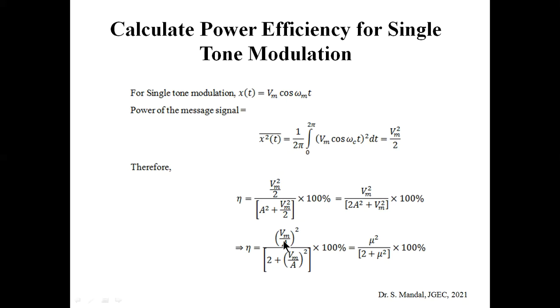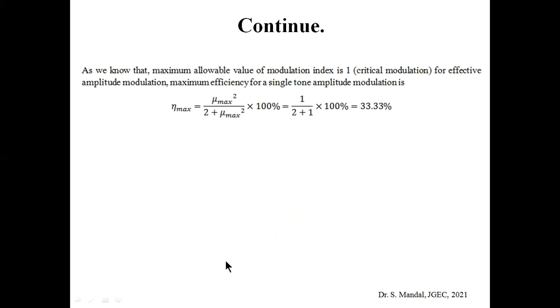So we take out A square from both parts, giving Vm by A whole square by 2 over 1 plus Vm by A whole square by 2. So this is mu square by 2 plus mu square into 100%. This is the corresponding equation for the power efficiency. Now sometimes we want to find the maximum efficiency for the DSBFC signal.